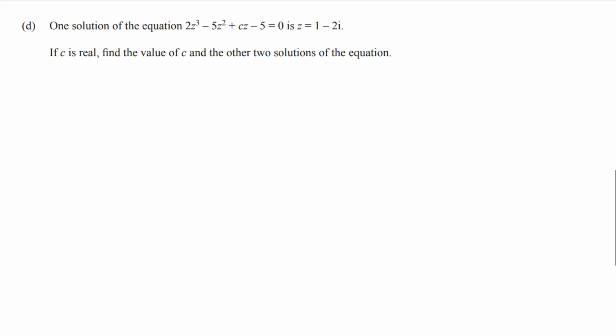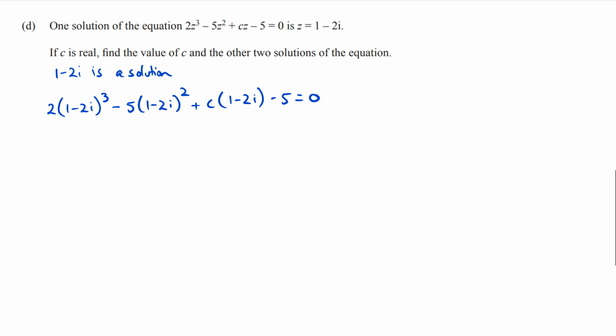So we can say that 2 times (1 minus 2i) to the power of 3, minus 5 times (1 minus 2i) squared, plus c times (1 minus 2i), minus 5 equals 0.